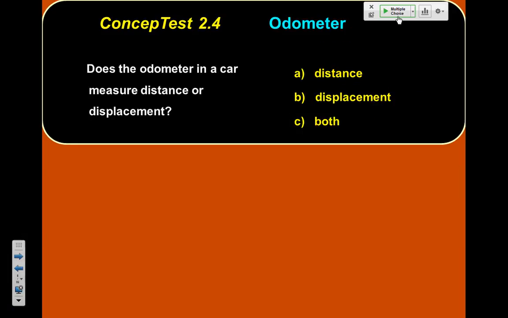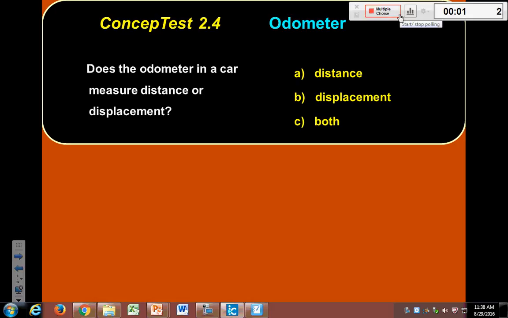Does the odometer in a car measure distance or displacement? All right, I'll stop at 35.